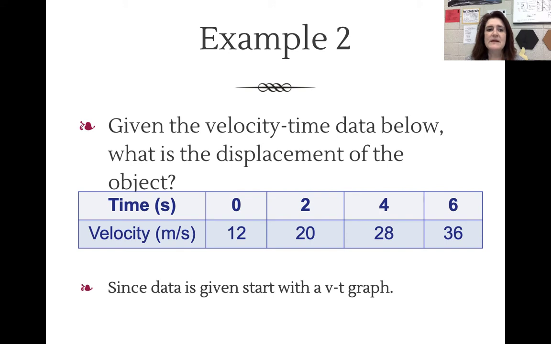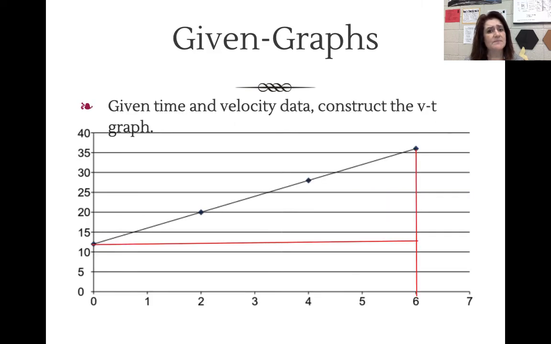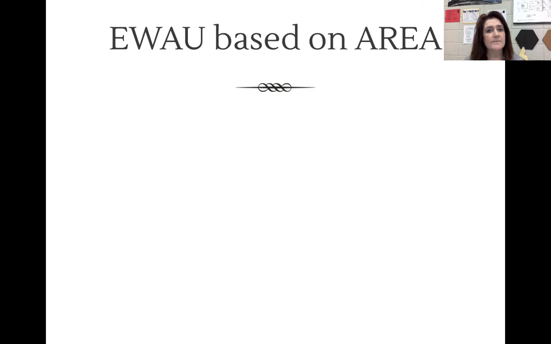Example 2 is what you're going to be doing next class. Given the velocity and time data below, what is the displacement of the object? Well, since you start with velocity time data, it's a good idea to graph that. So when we graph that velocity time data, we can find the displacement by finding the area under the curve created by the rectangle and the triangle.